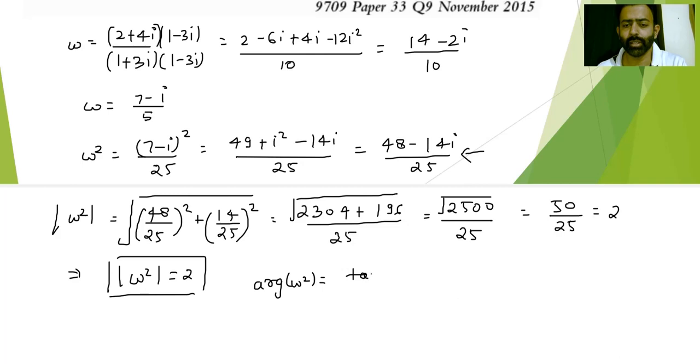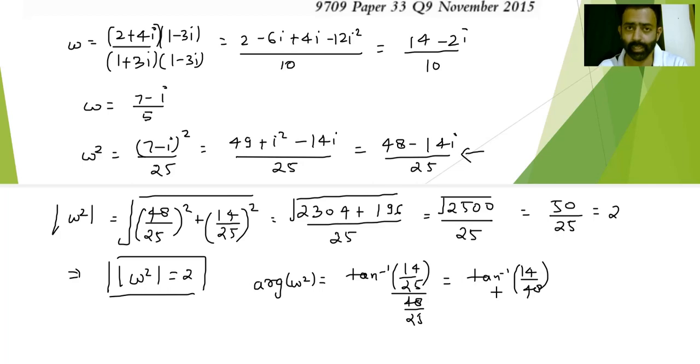I need to write tan inverse of (14 by 25) divided by (48 by 25), which is nothing but tan inverse of 14 by 48 with a negative sign, right? This is the principal value without the negative sign, right?